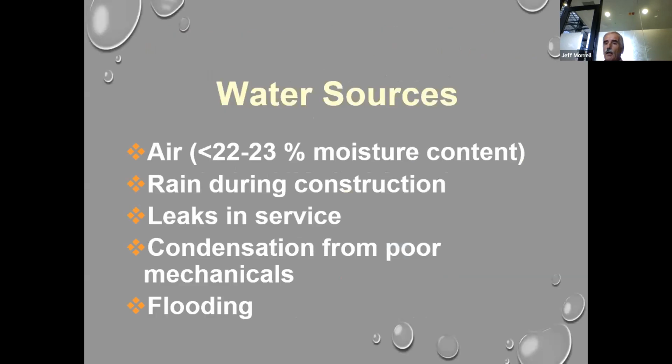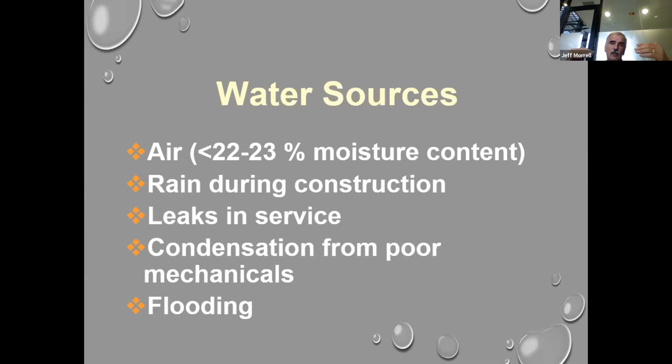In terms of where water comes from in the wood, well, obviously the sky when it rains, but if you look at air, the wood is going to absorb moisture at different relative humidities. So the moister the air, the wetter the wood will be, up until about 20 or 23% moisture content. So well below the fiber saturation point, it will absorb water.